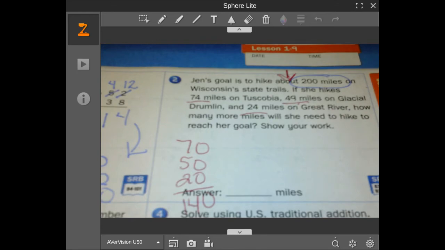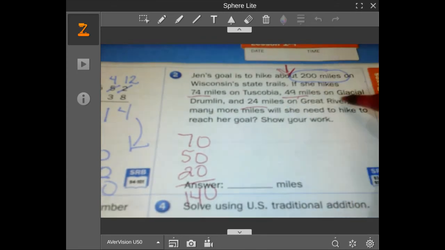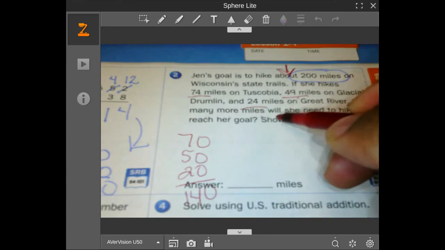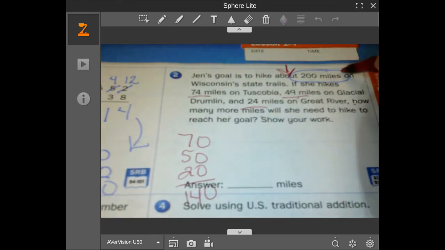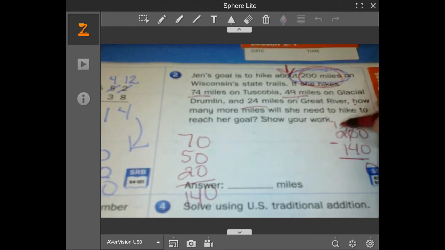But our question is, how many more miles will she need to hike to reach her goal? Remember, her goal is 200. So let's take 200 minus 140 because she's already hiked 140 miles. So we have 0. We're going to borrow here. 10 minus 4 equals 6.